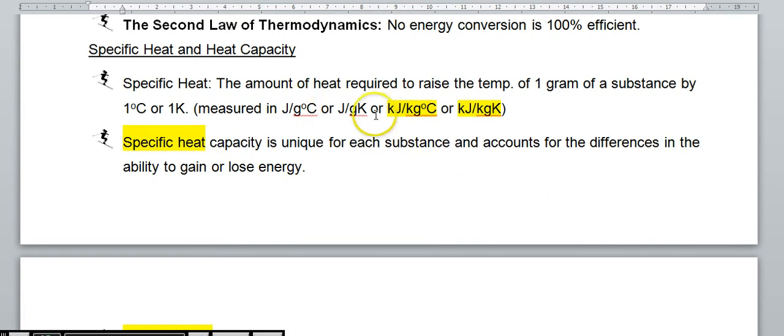Regardless of the units we use here, the numerical value remains the same. So for example, water is 4.19 joules per gram degree Celsius, but it's also 4.19 kilojoules per kilogram degrees Celsius.